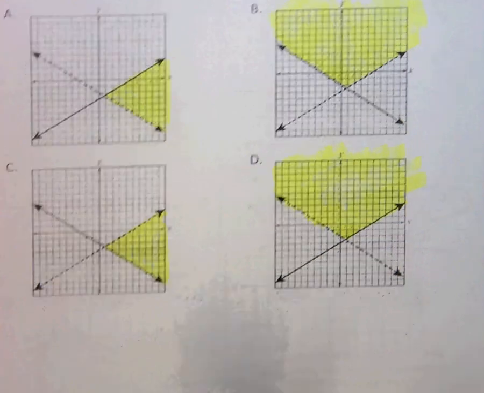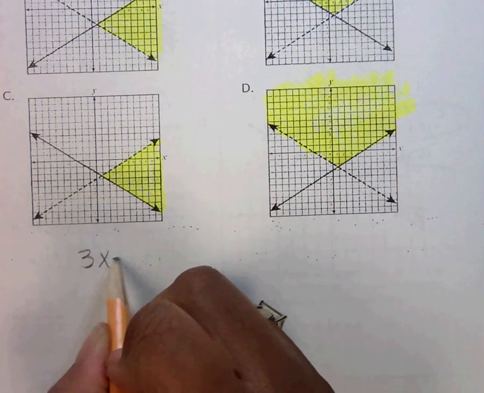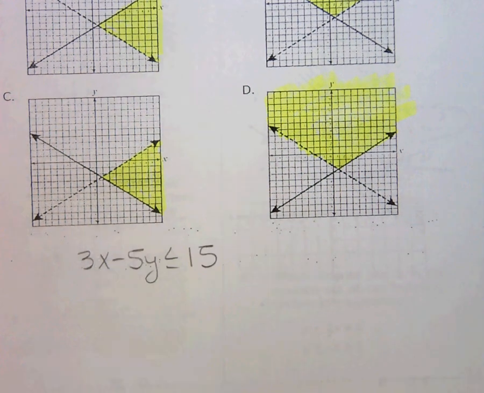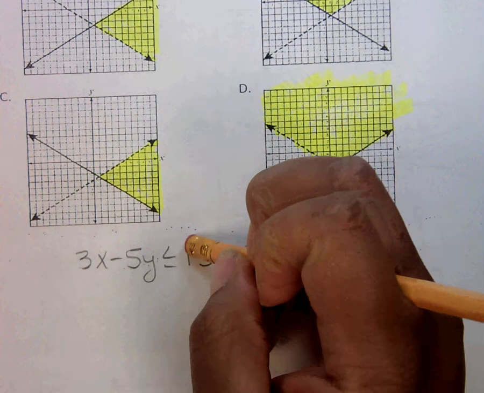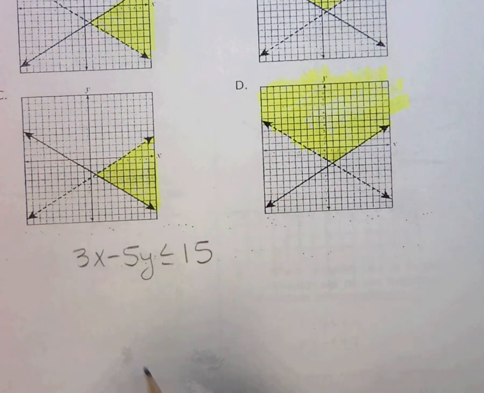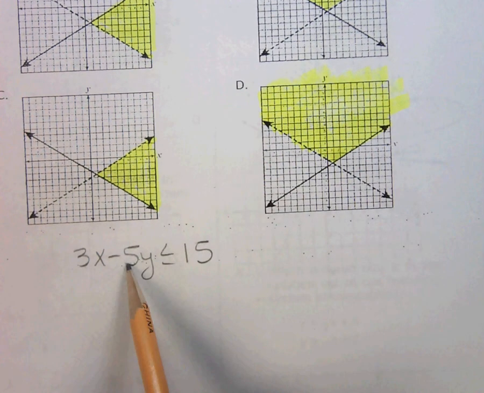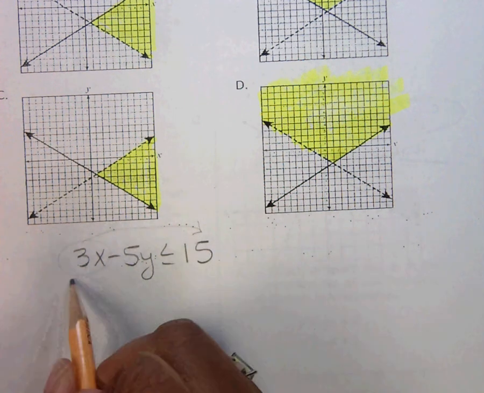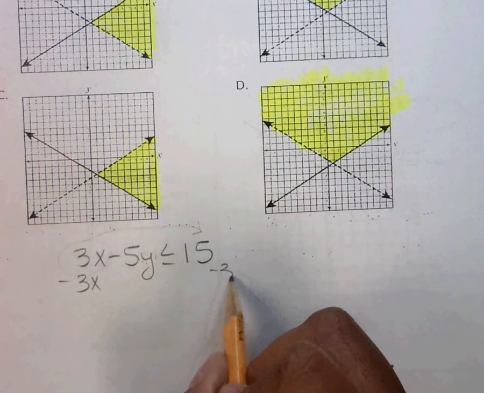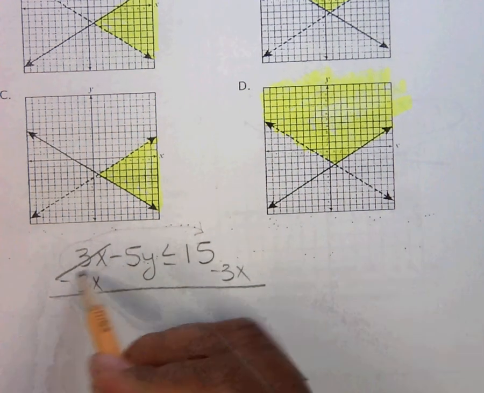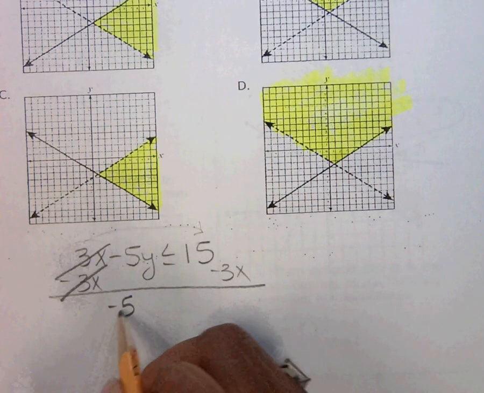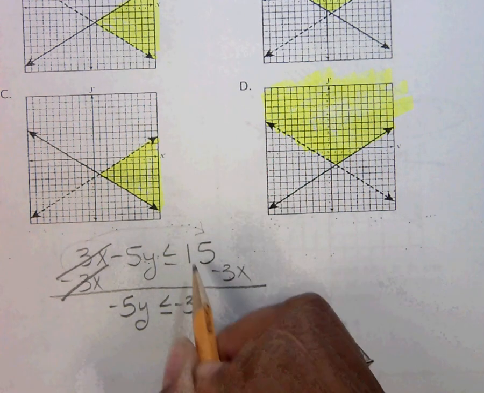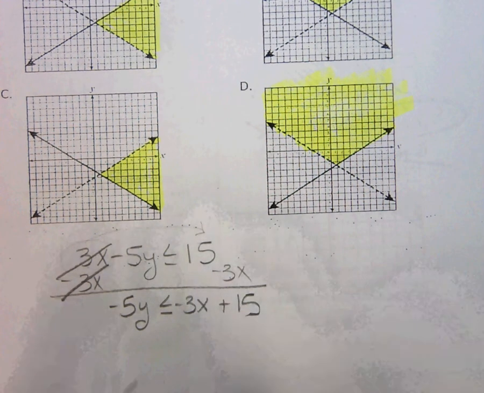So let's get started. 3x minus 5y is less than or equal to 15. The good news is we're used to seeing this form, standard form, and we know to move the x because it's not where it needs to be. And we subtract it. We bring down the negative 5y, which is less than or equal to, put it first, and the 15 is positive.